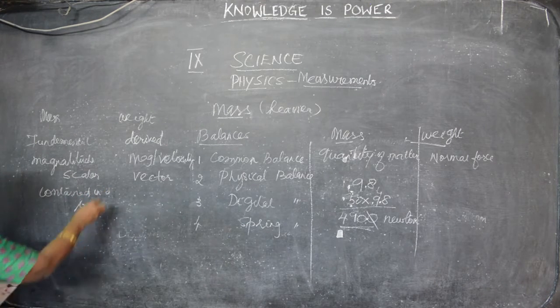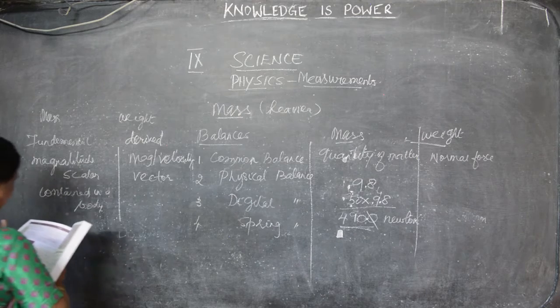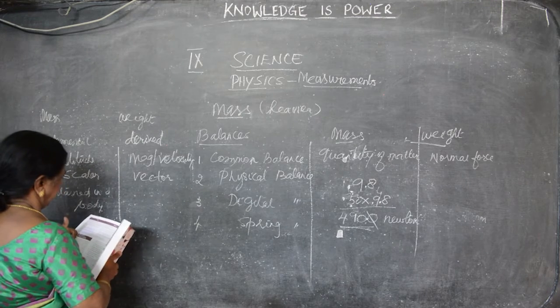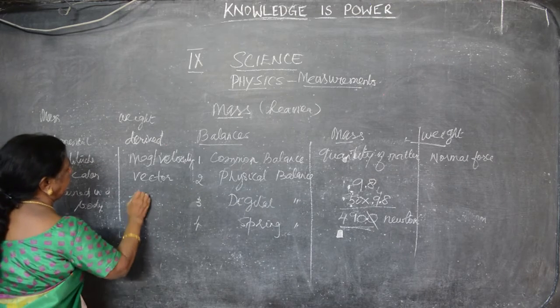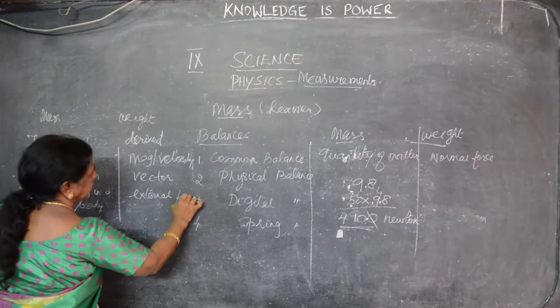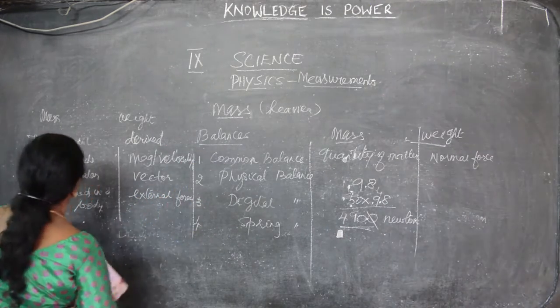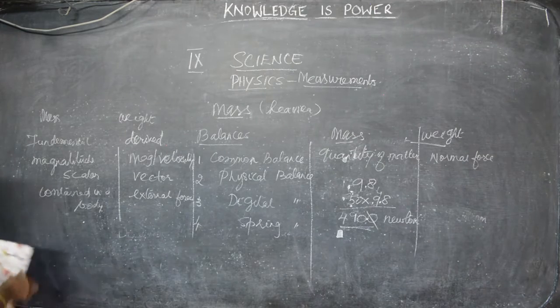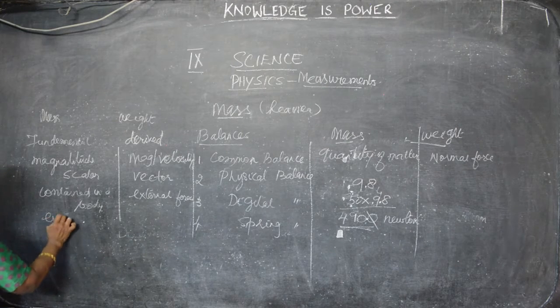And weight is because of external force acting on that body, the external force or pull. Mass is the same everywhere. Wherever the place may be, mass will be the same.